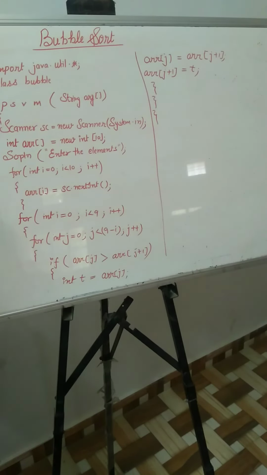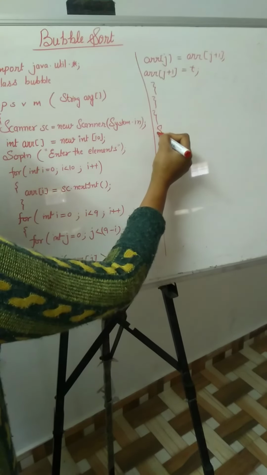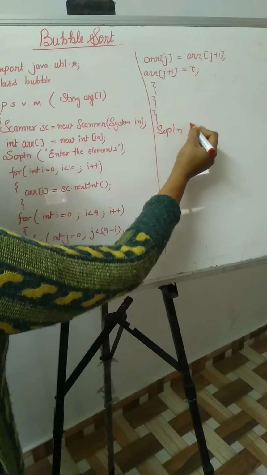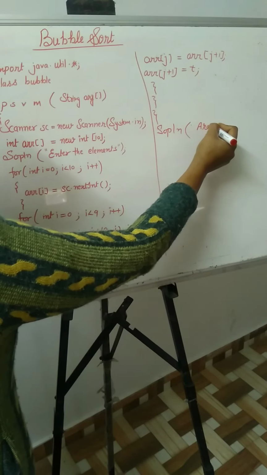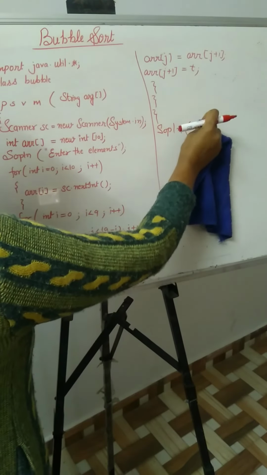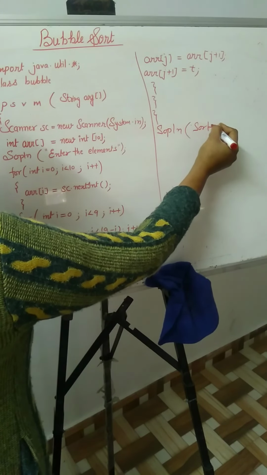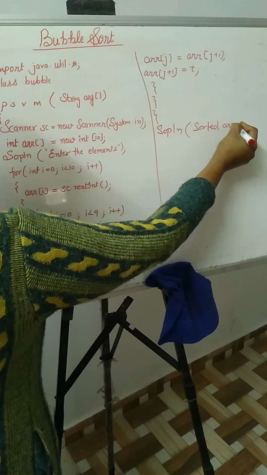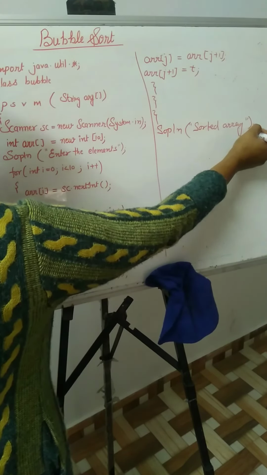After this, we have to print the sorted array. Use SOPLN to print "sorted array".